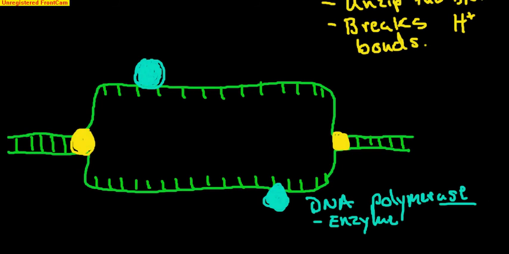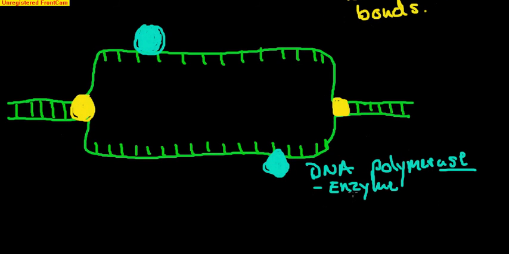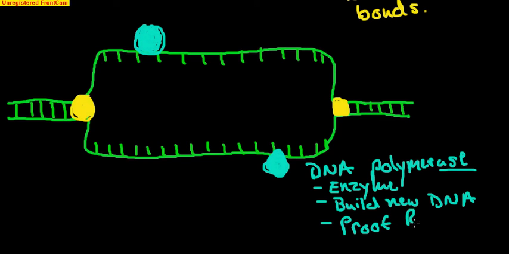Its function is to basically build new DNA, and it proofreads the base pairs. Because remember, if you mess up one of those base pairs, you're going to cause a mutation, so it proofreads it. So essentially, it's going to move down the DNA, and it's going to start adding these base pairs.